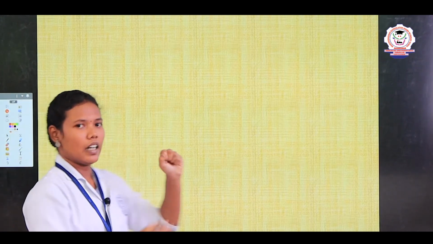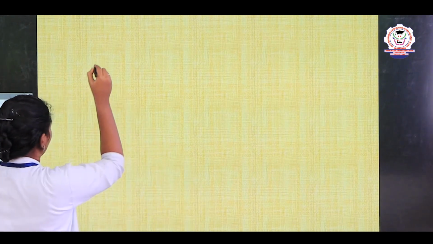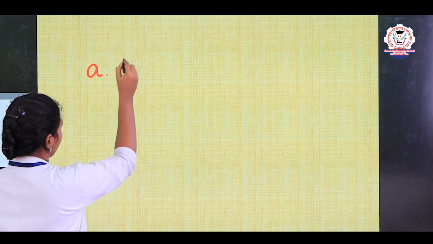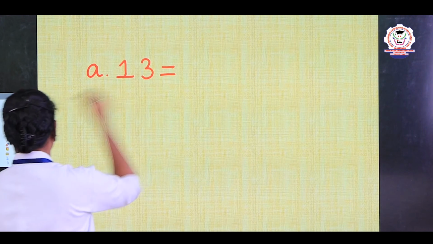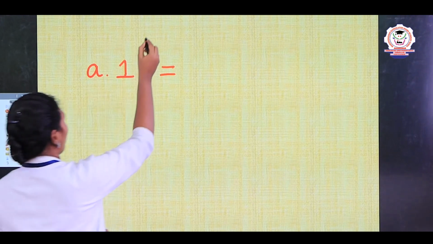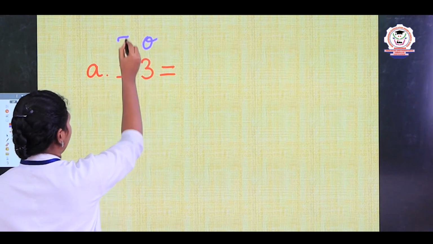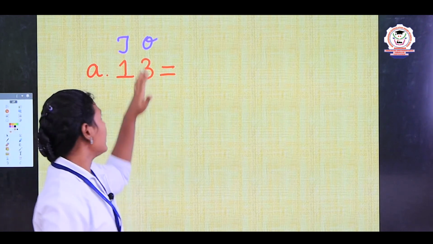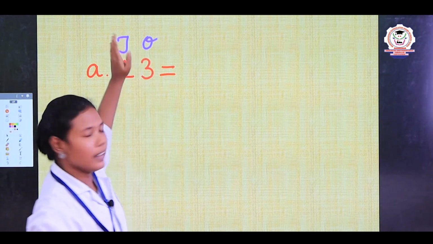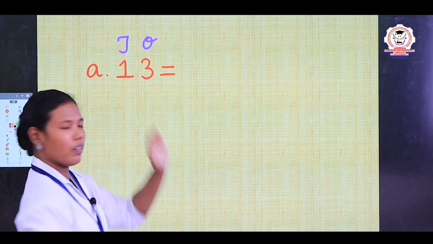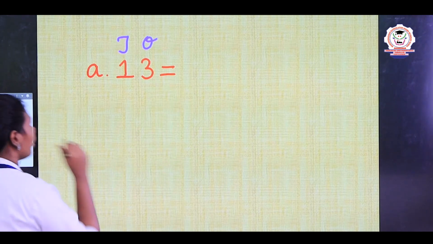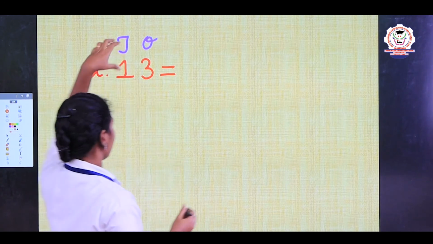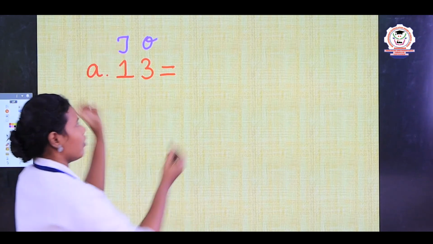So first I will write a 2 digit number. First sum, A sum, is 13. So here we have ones and tens. First you write the place value, ones and tens, right, children? Now we will write expanded form. Okay, now what is here? In the tens place 1, very good.